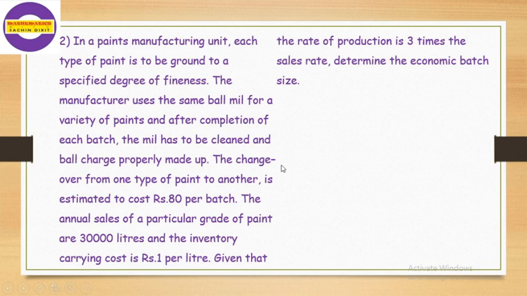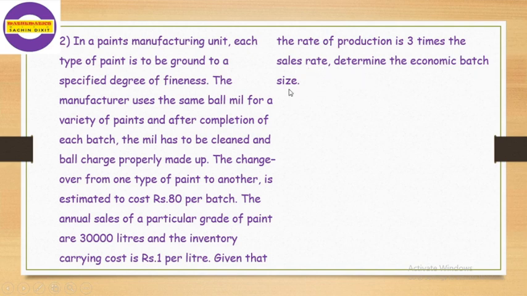The changeover from one type of paint to another is estimated to cost rupees 80 per batch. The annual sales of a particular grade of paint are 30,000 liters and the inventory carrying cost is rupees 1 per liter. Given that the rate of production is 3 times the sales rate, determine the economic batch size.